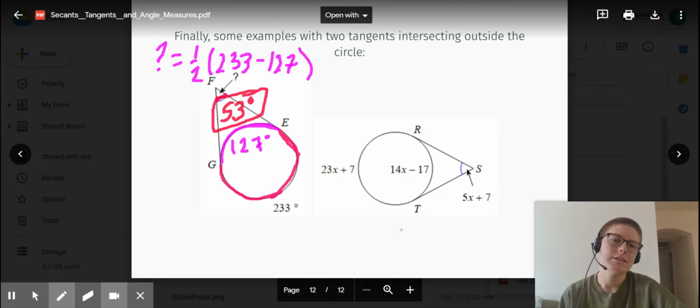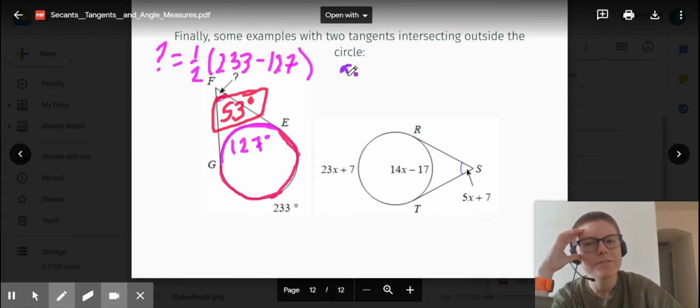And last one. This one's got 3 x's again. It's a lot, but we can do it. We're going to power through. Okay. So 5x plus 7 is equal to 1/2 of the bigger one, the 23x plus 7.